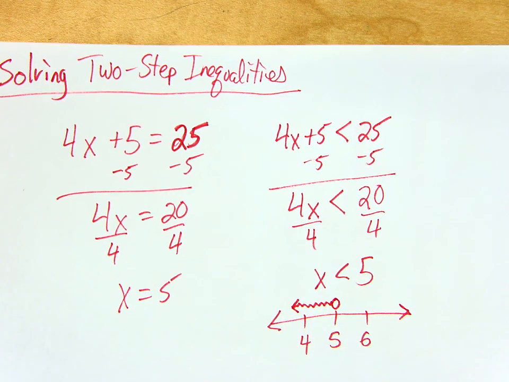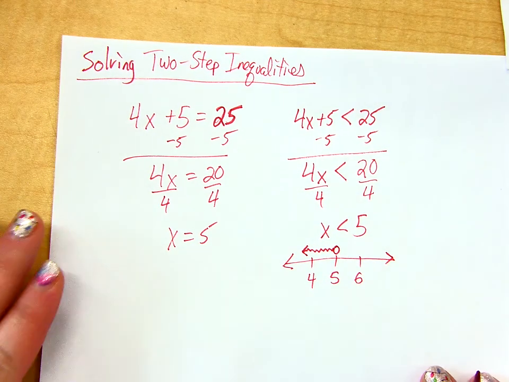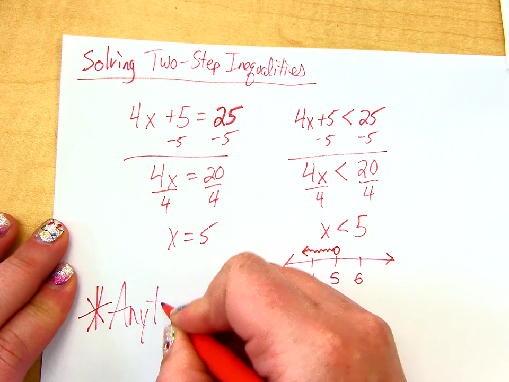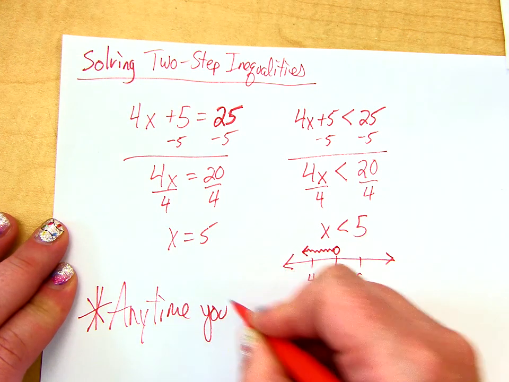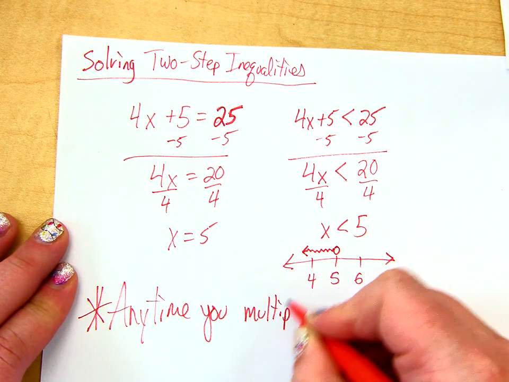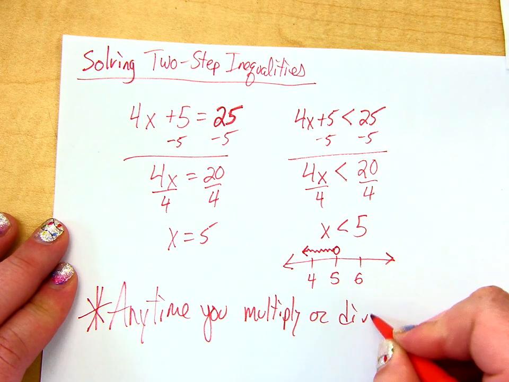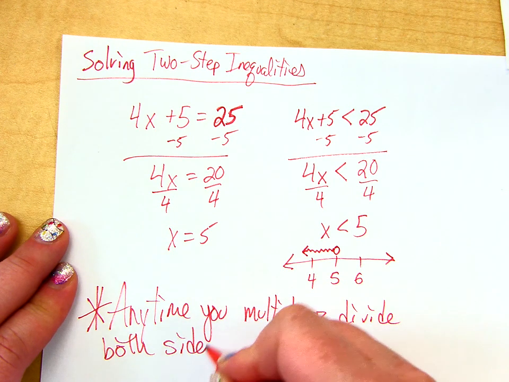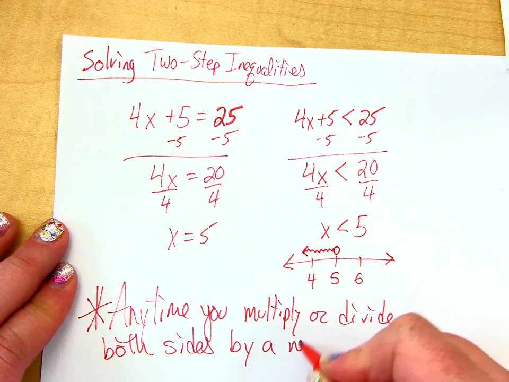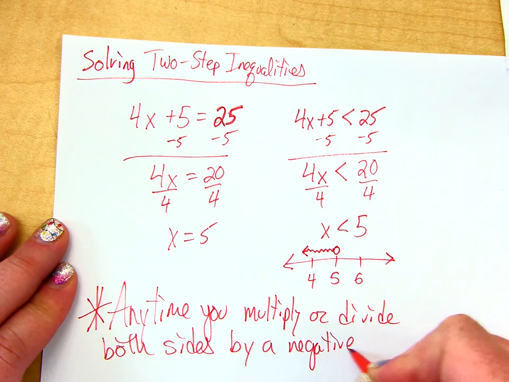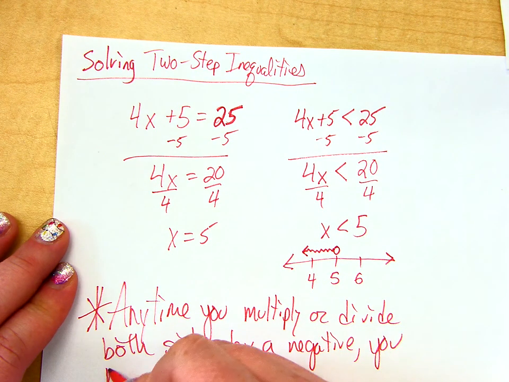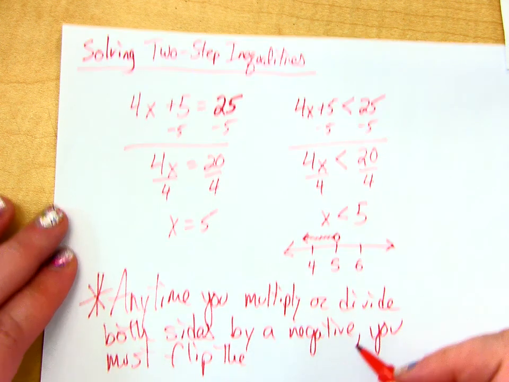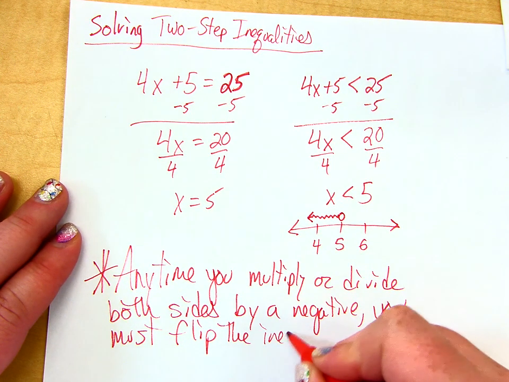So it's worth writing it down again because we can't ever forget this. So a big old star. Anytime you multiply or divide both sides by a negative, you must flip the inequality symbol over.